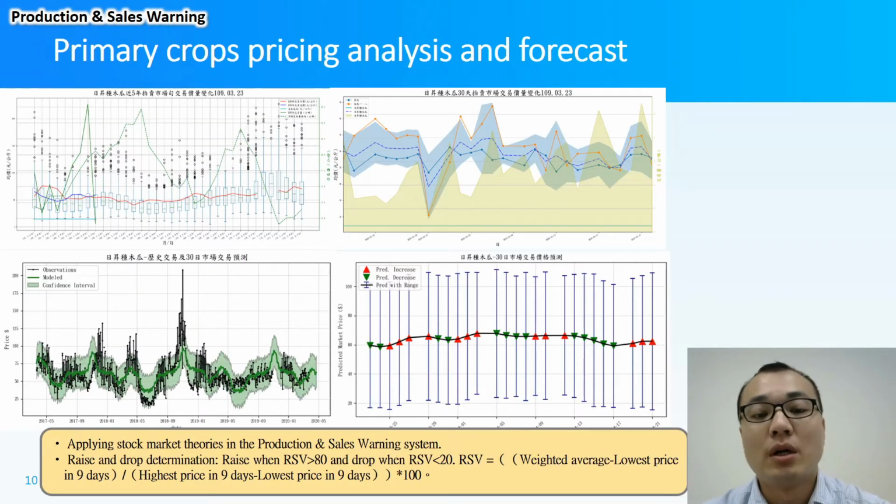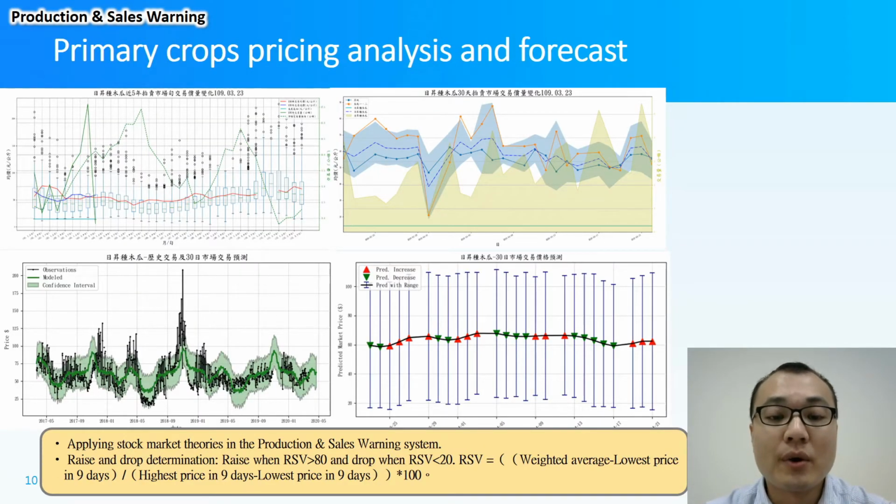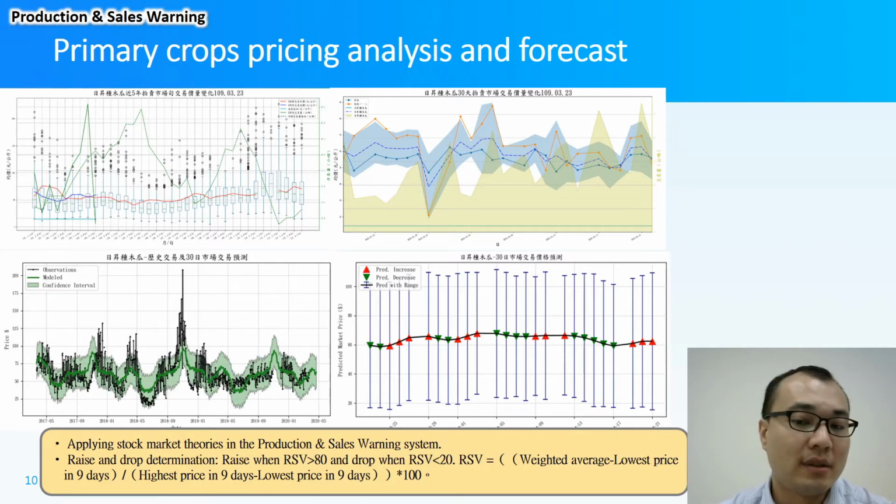We also use the theory of stock ups and downs to apply to agricultural disaster warnings and calculate the RSV value, to understand the meaning of transaction price changes.